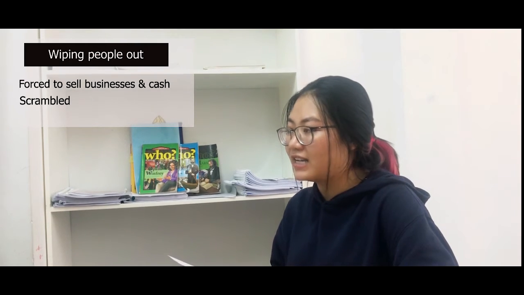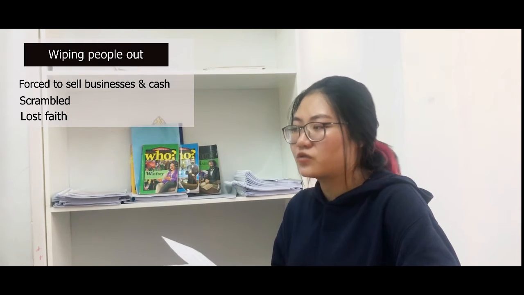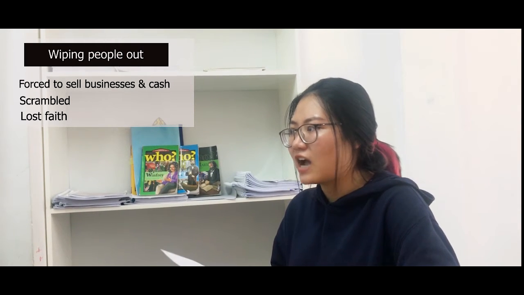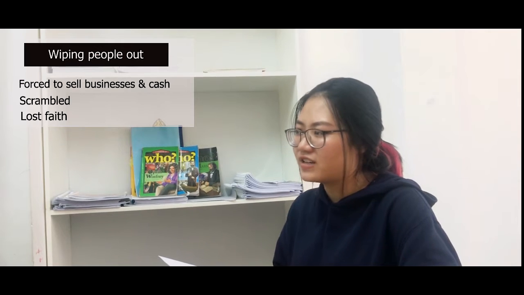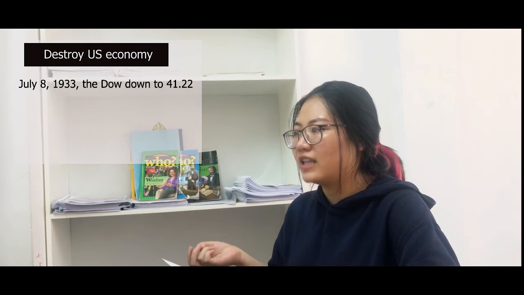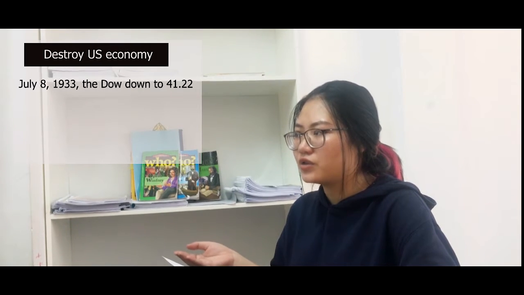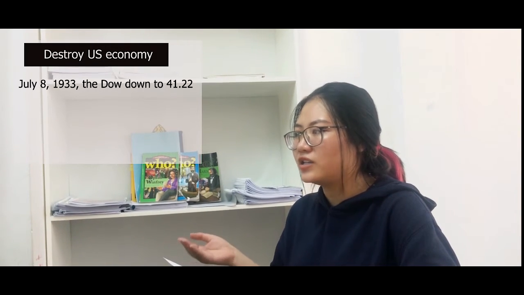People scrambled to find enough money to pay for their margins. They lost faith in Wall Street totally. You can't have a healthy economy without confidence in the market. And the crash also destroyed the U.S. economy. By July 8th, 1933, the Dow was down to 41.22.